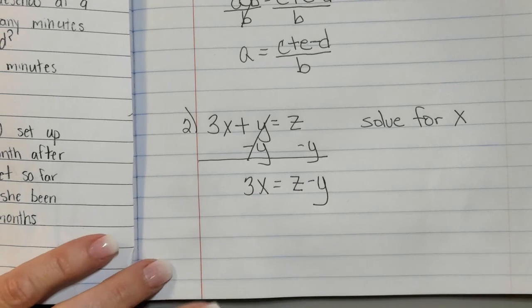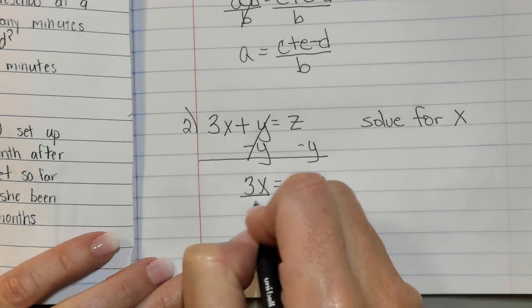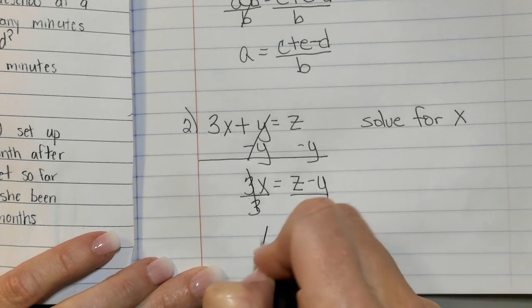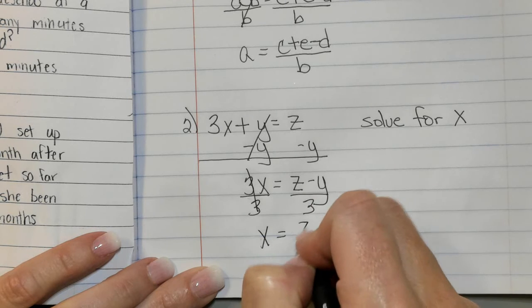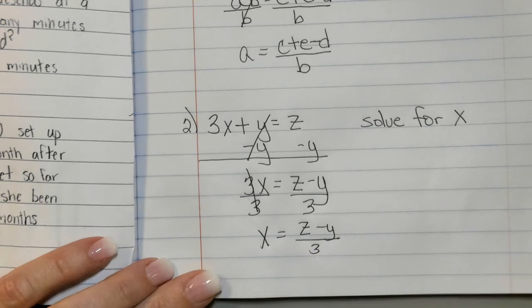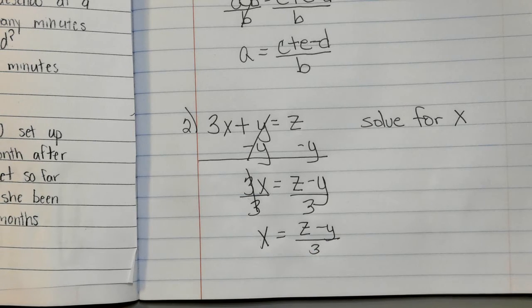And I divided by 3. All right, dividing by 3. And I got x equals z minus y over 3. All right, x equals z minus y over 3. How many got x equals z minus y over 3? Awesome, awesome.